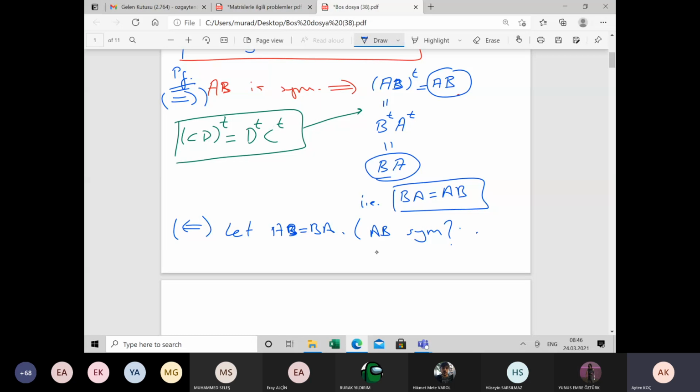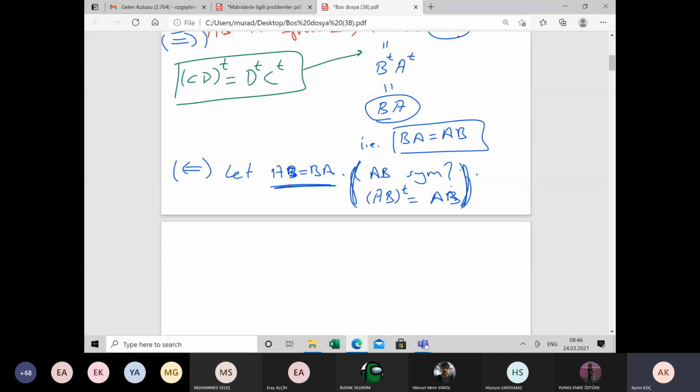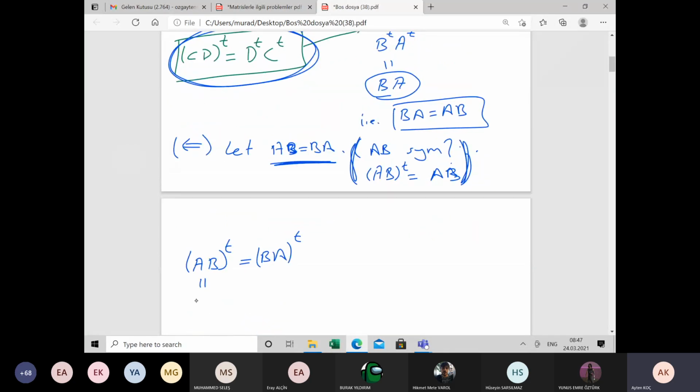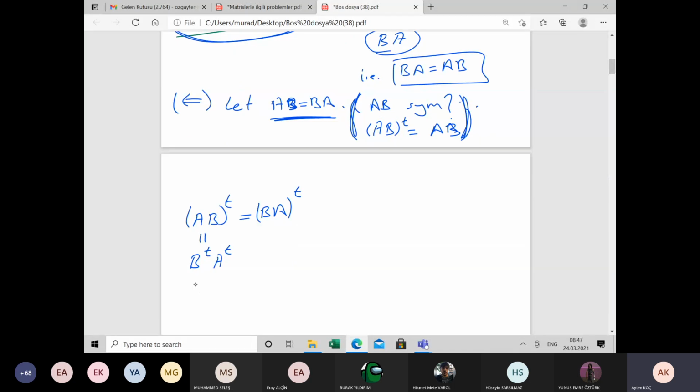Take this equality and take the transpose of both sides. Use the property of transpose, the transpose of AB is the transpose of B times the transpose of A.